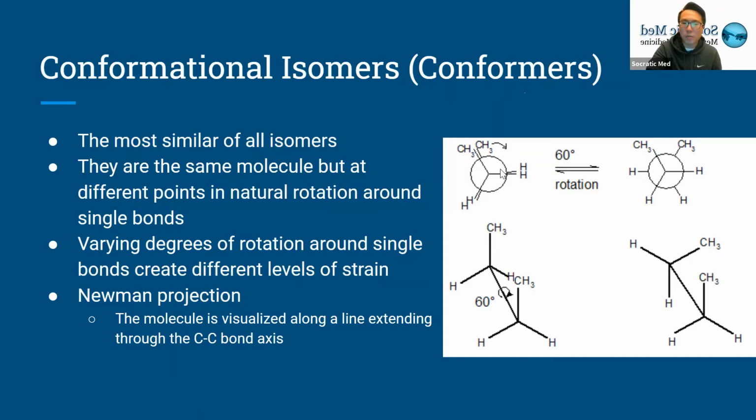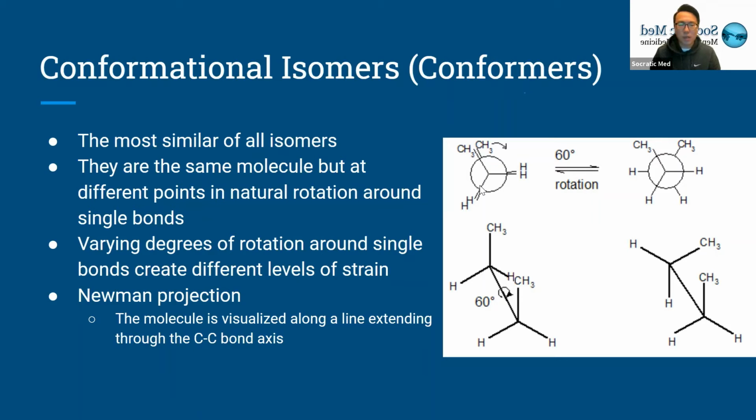So the circle represents the bond between the two carbons, and where the three lines meet up, that's the carbon. On the other side of this circle, you can assume it's the other carbon that's attached to the carbon that you can see here.